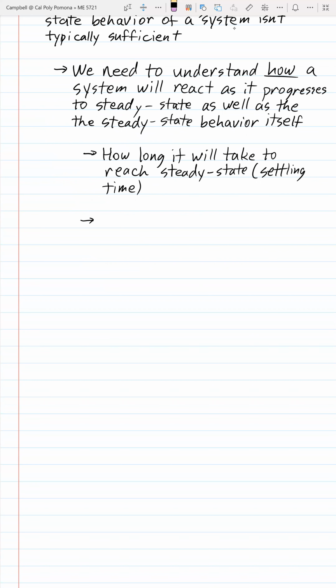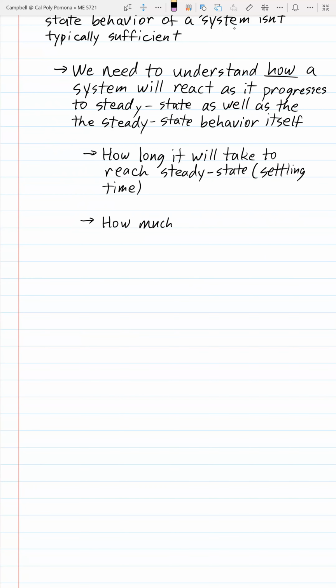We are also interested in some of the features that are associated with the deviation between what we wanted the system to do and what it actually did. One of the ways we can capture that is through something called the overshoot.